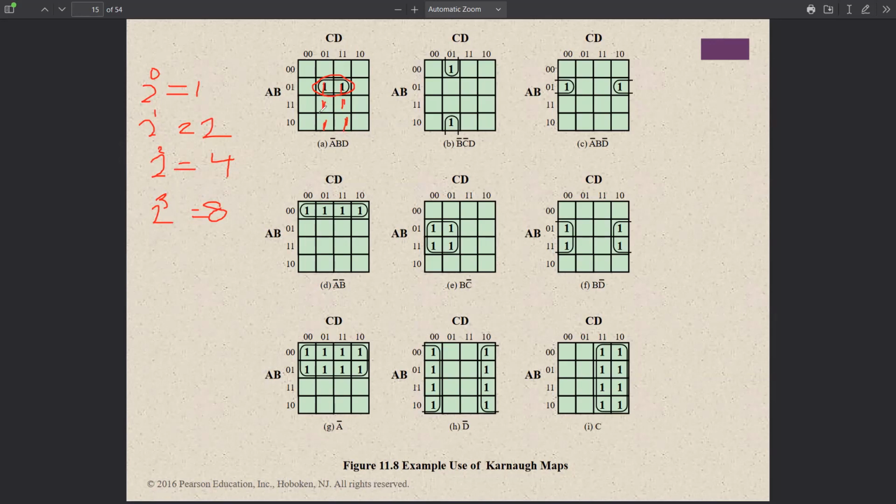But the problem is you can't actually circle this whole six because six is not a power of two. Did you understand that? Six is not a power of two, so even though these six cells have one, you can only circle.